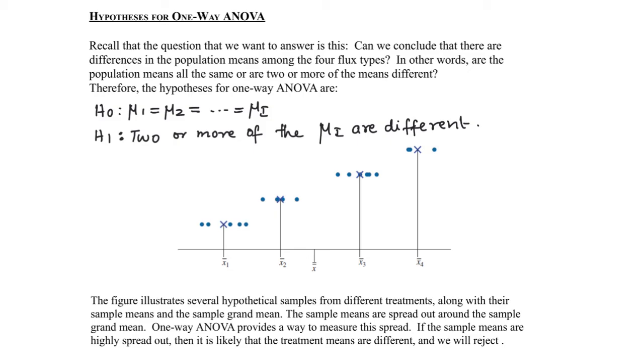If the sample means are highly spread out, then it is likely that the treatment means are different, and we will reject the null hypothesis. The spread within each sample is influenced only by the size of the population standard deviation sigma. The spread of the sample means is influenced by both sigma and the differences among the population means.